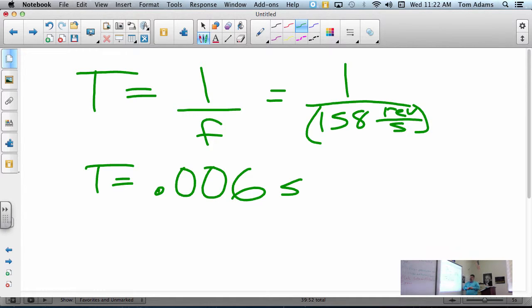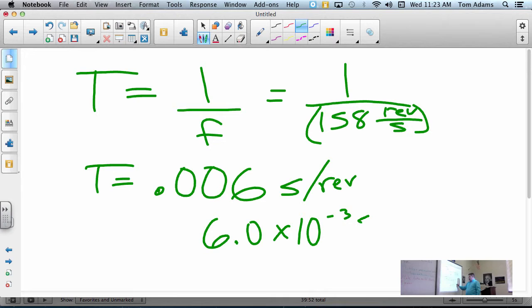Because it's really seconds per revolution. But by definition of what the period is, we're only interested in the time part, right? Now, how do I write that in scientific notation? Yeah, 6 times 10 to the negative 3 seconds.